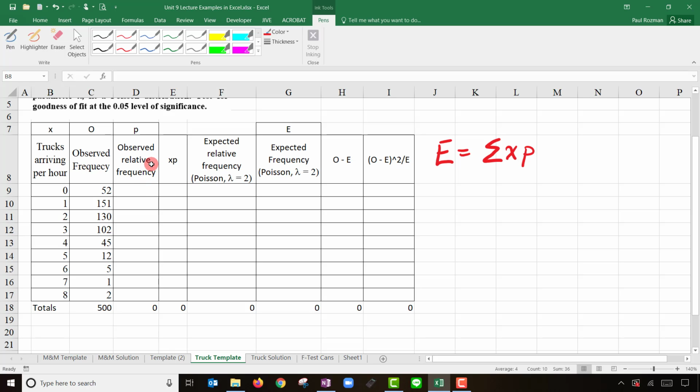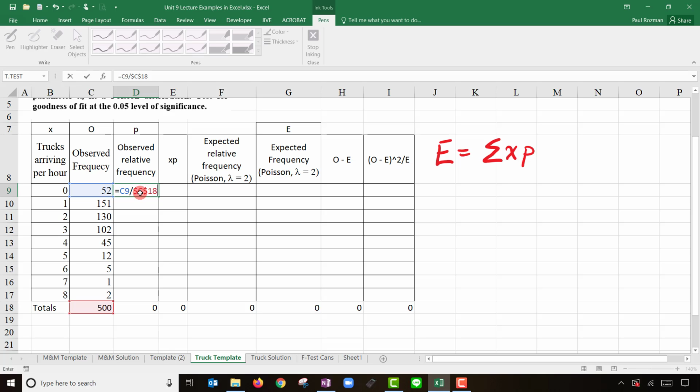What we could do is, P is a percentage. So let's calculate the relative frequencies. Right now we have the raw observed values, but we could say this first value it was 52 out of 500. So C9 divided by $C$18.